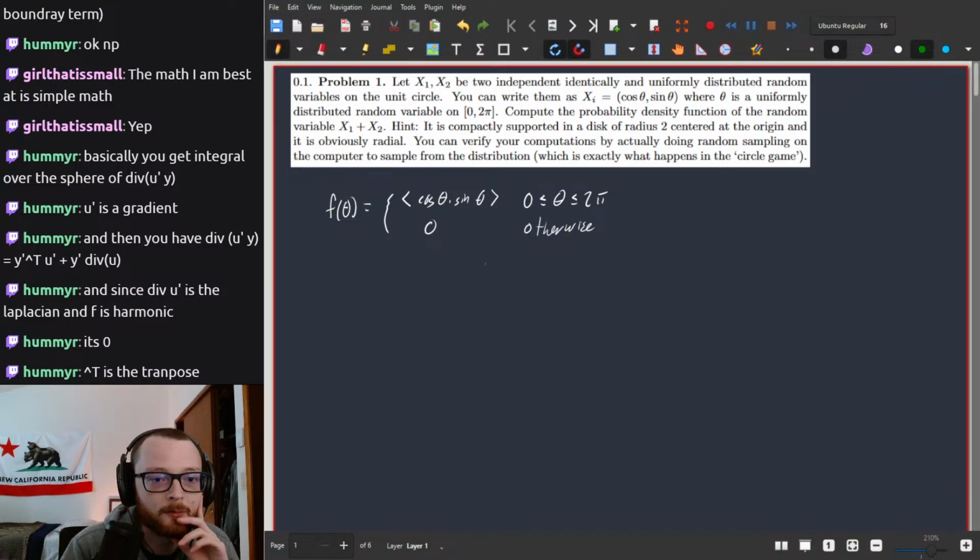I feel like one of these shouldn't be or equal to, but oh well. It's not going to matter for integration, I guess. I do know, I was Googling this last night, that the PDF of a sum of random variables is their convolution.